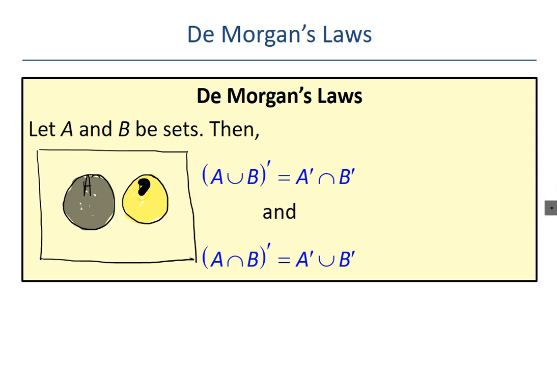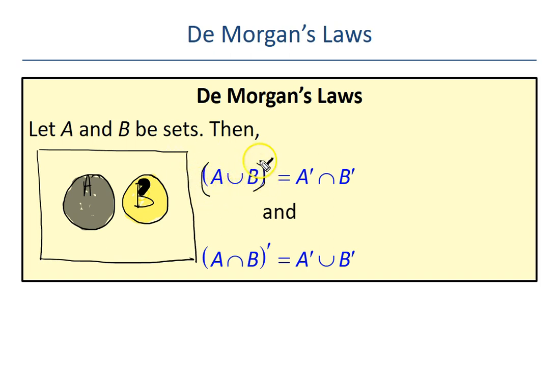So this is set B. So I'm indicating in a Venn diagram set A that I've colored in, union with set B that I've colored in. So this is the representation of set A and set B. But now we're looking for the complement of this.